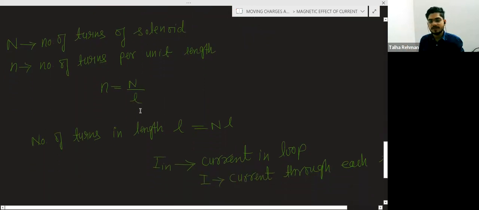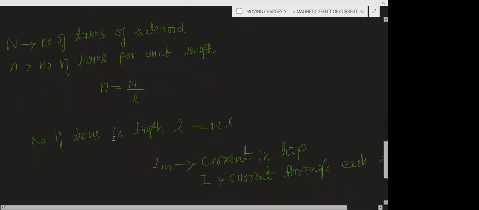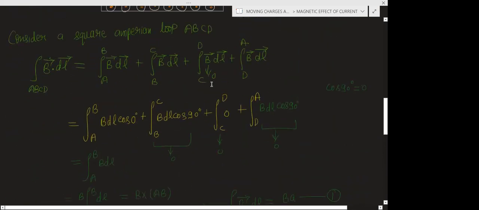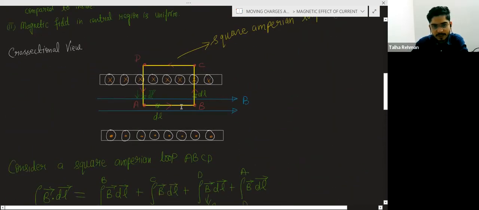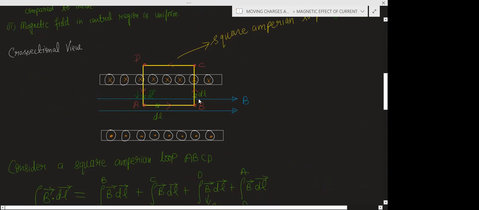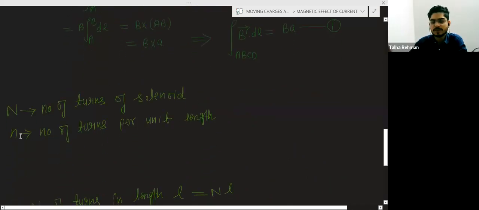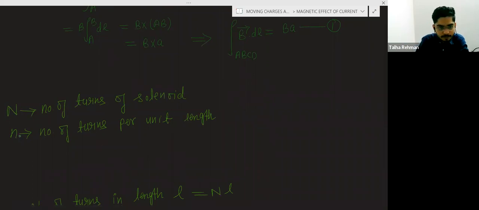We want to calculate the current enclosed by this loop, so we will take the help of this small n. Small n is not the current per unit length.